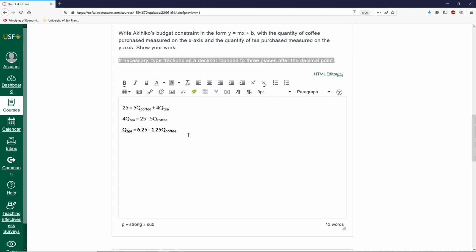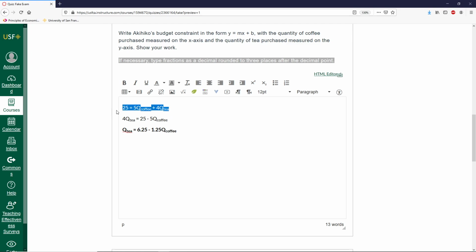So yeah, for a question like this, that's all you would really have to do. You don't need to write out to explain, oh, in this step, I want to subtract 5Q coffee from both sides of the equal sign, or, next I want to divide by 4. You don't have to type all that out as long as each line you're just doing one step, one mathematical thing, one bit of arithmetic.